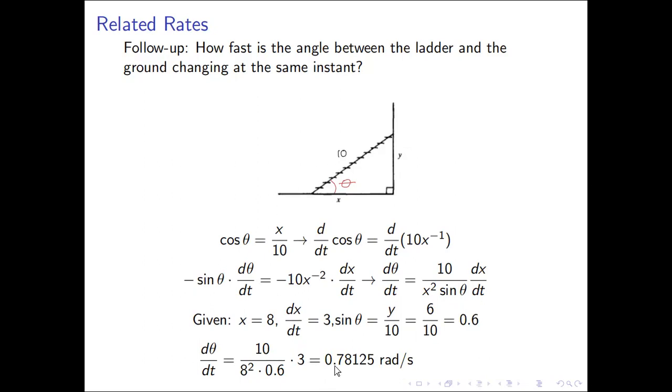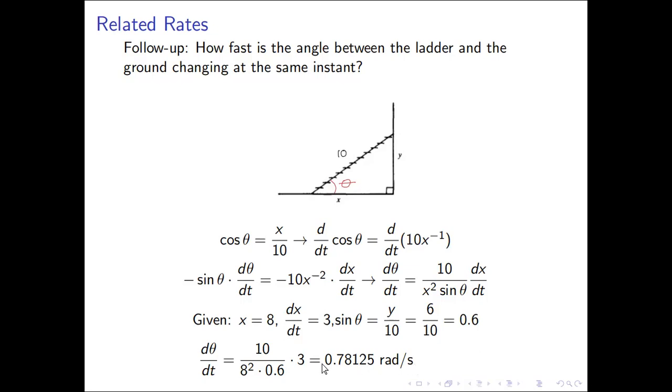So if we do it, okay, we adjust this one. We just move it 1 decimal place to the left, right? 1 decimal place to the left. So it's 0.078125. And remember, whenever we use trigonometry, theta is always in, not degrees, but radians. So the proper unit is radians or radian per second.